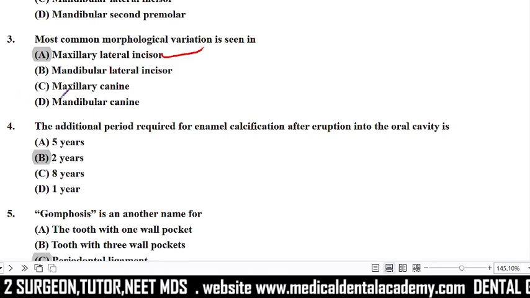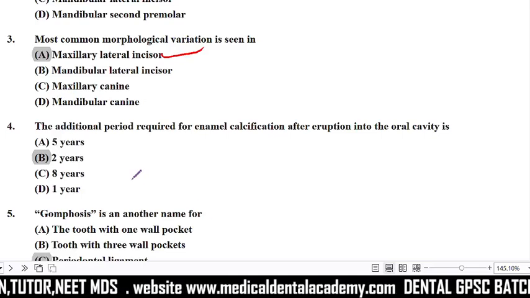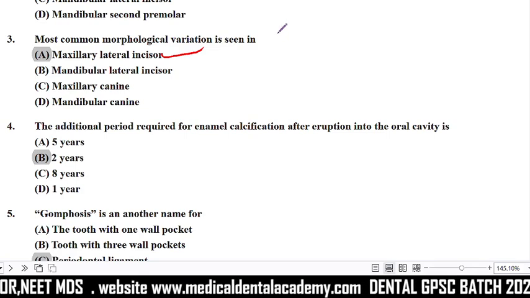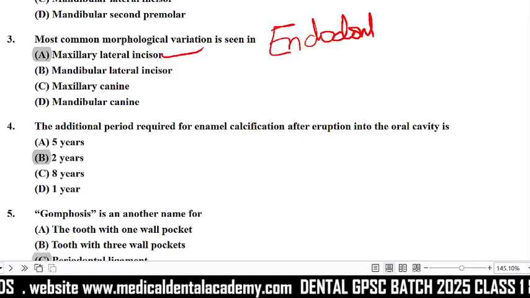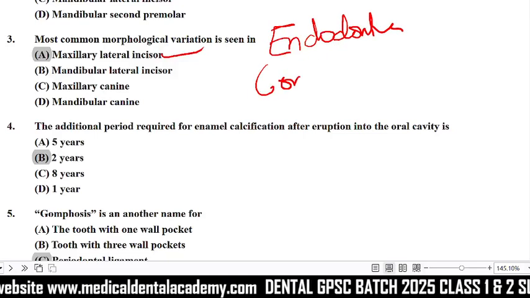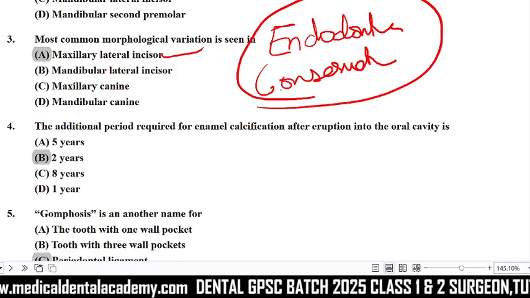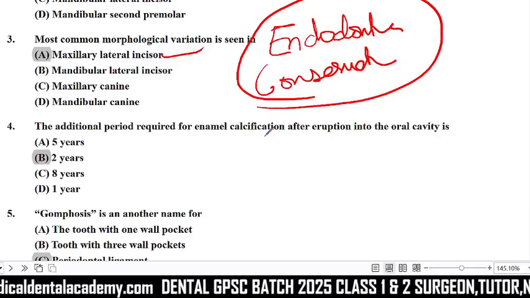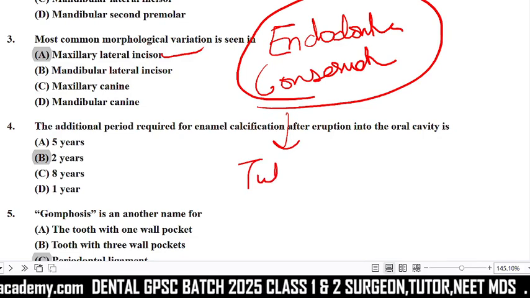Okay, so now we will start our endodontics lecture. I wanted to show you that merely endodontics or conservative topic questions will not be asked. It is not limited only in the tutor exam.